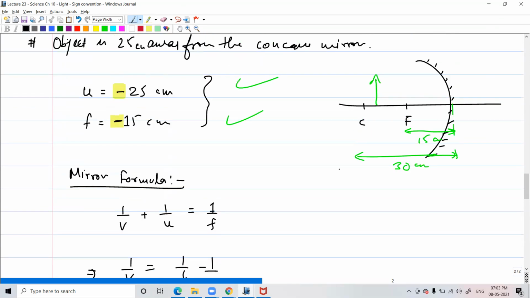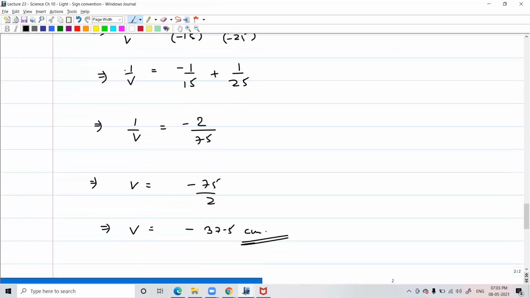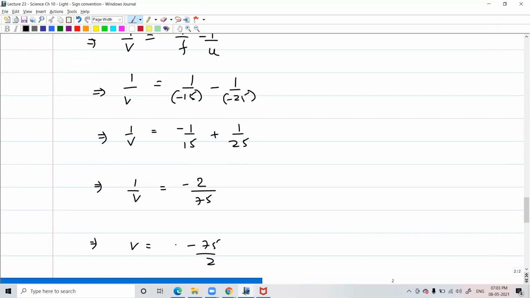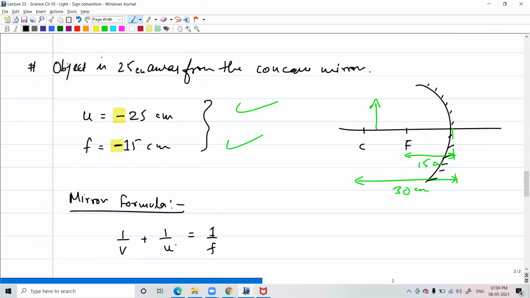It would have been a little bit beyond the C. C is 30, so 37.5, of course, will be beyond C. And you see it automatically came out negative. It is telling us that the image is to the left of the mirror. Tell me guys, did this calculation make sense to you, and do you really understand now where the sign convention is used?